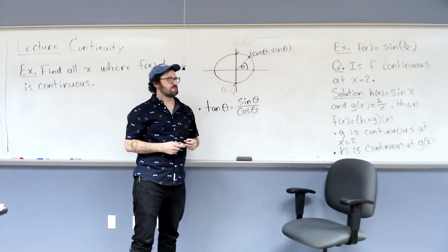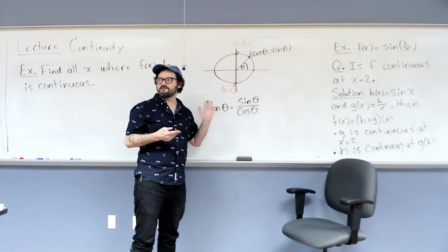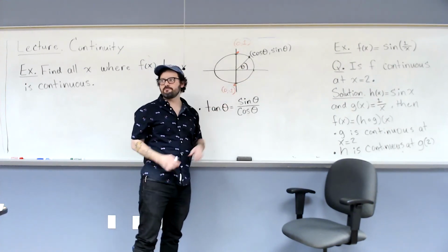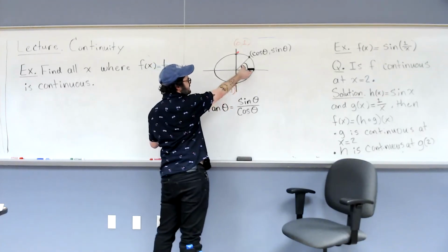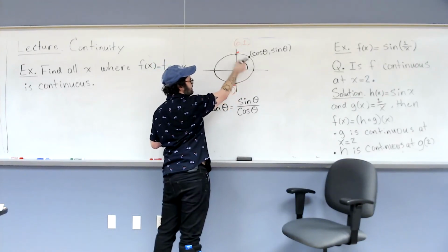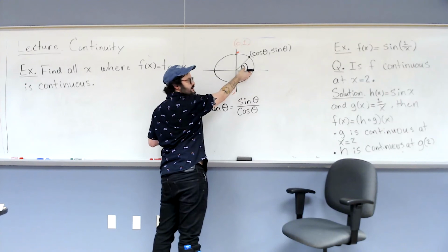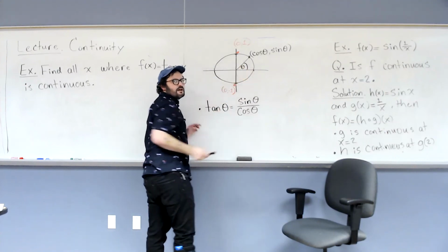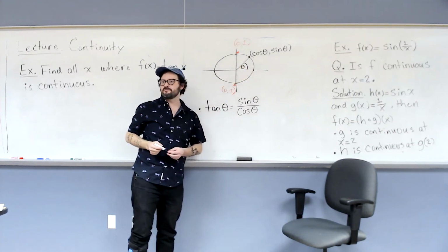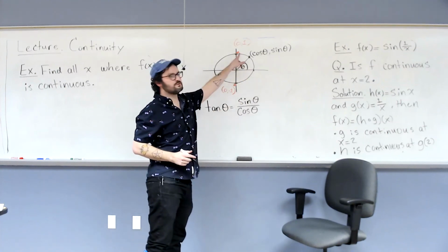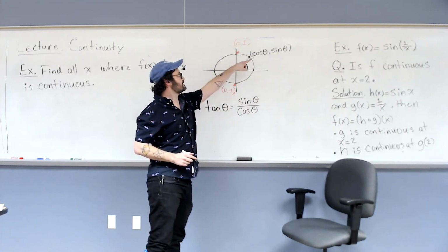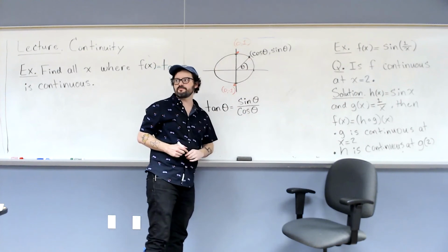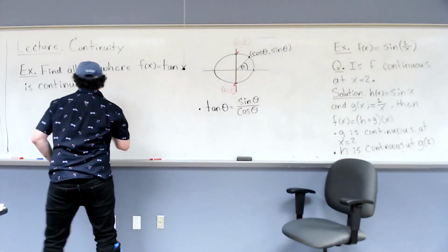Or start dividing it into pieces and figuring out what angles are going to make these, right? So if this angle from here to there is pi, then this angle from here to there is half pi. It's pi over 2, right? So at pi over 2, the angle is going to be bad. We'll have division by 0. All right, so let's just start listing them out.